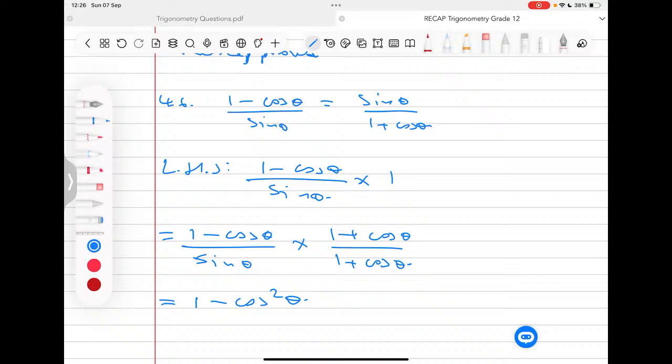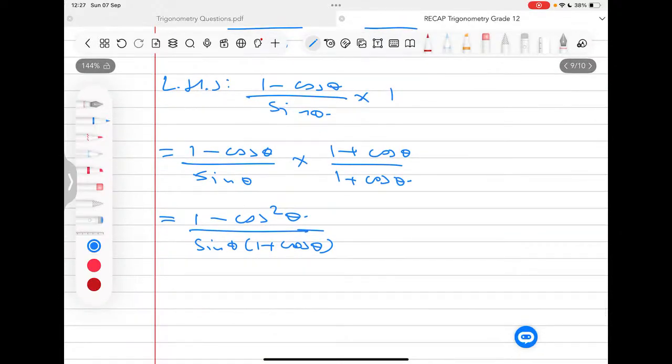But here at the bottom, I'm actually going to have sine theta 1 plus cos of theta, right? And we know that this is the same as sine squared theta, right? So that now I have sine theta 1 plus cos theta.